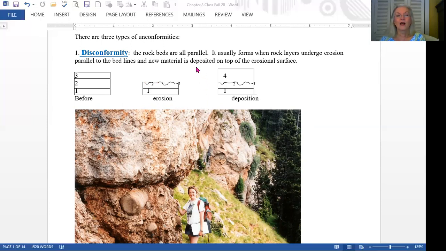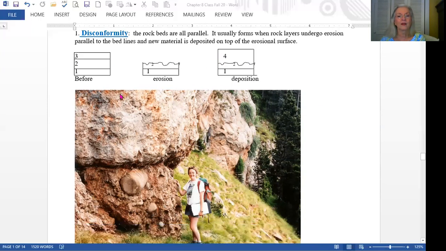And then I change my mind and nature brings in a new top layer and it goes 1 and 2 and 4. And again, remember the numbers give us the relative ages. 1 is old, 2 is a little younger, 4 is a lot younger because we made 3 disappear. So this line where the change takes place is our disconformity.